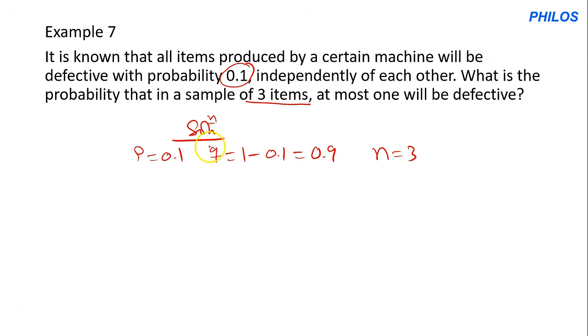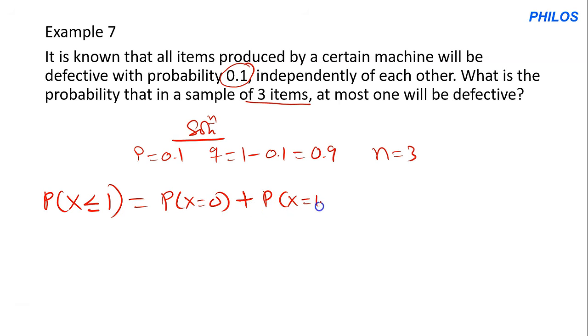Now the question says we should find the probability at most 1 will be defective. So when we say at most 1, meaning the maximum should be 1. So it means that X is less than or equal to 1. Okay, and that will give us probability that X is exactly 0 or X is exactly 1. So let's find the probability that X is exactly 0 and probability that X is exactly 1. Then we add them together.